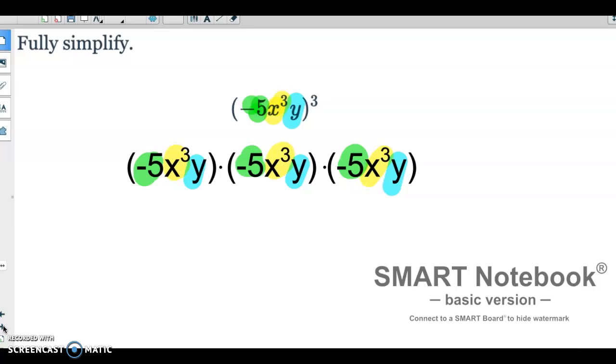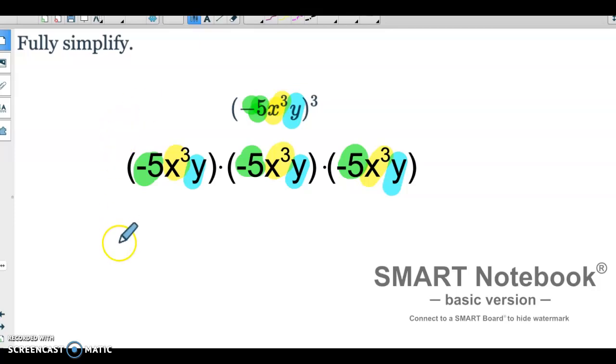And once you expand it out like that, you're just going to go through and multiply piece by piece. So if you look, all of our coefficients are in green. Negative 5, negative 5, negative 5. You need to multiply all 3 of those together. So in your calculator right now, or on your phone, I want you to do negative 5 times negative 5 times negative 5.